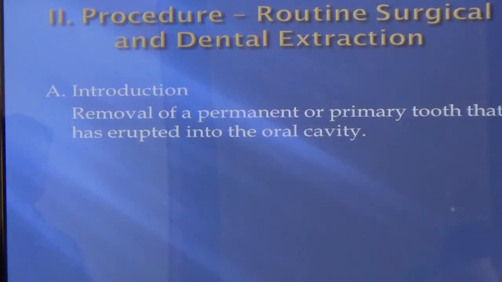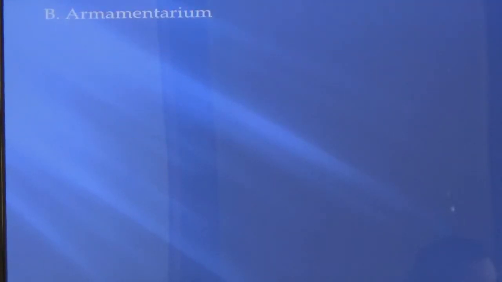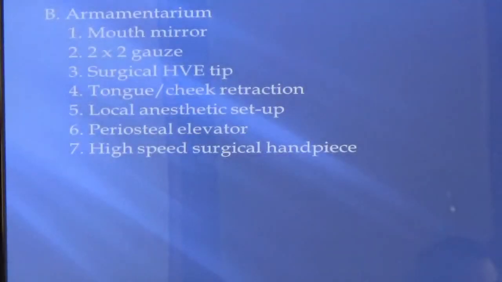Procedure for a surgical and dental extraction. The introduction: we remove a permanent or primary tooth that has erupted into the oral cavity. What we need, again, basic stuff that you normally have, mouth mirror. This is the difference.